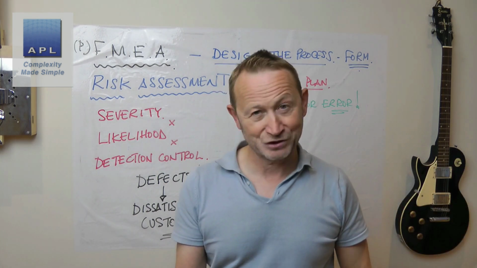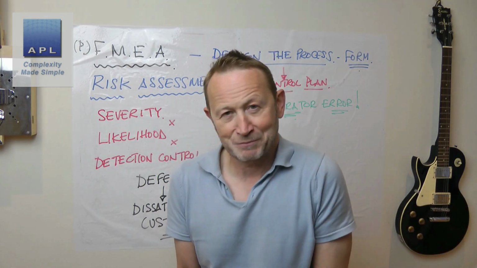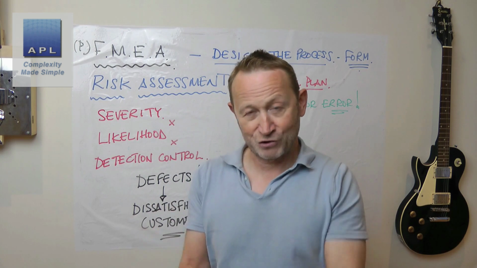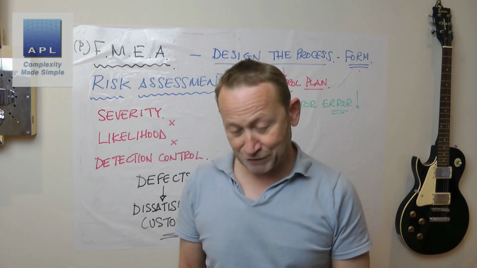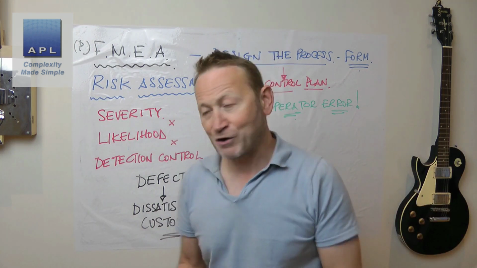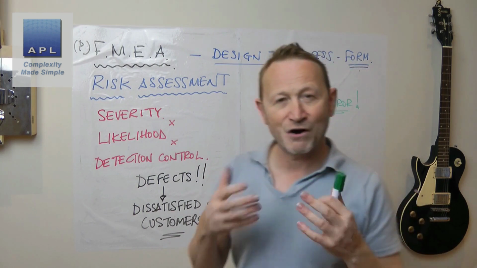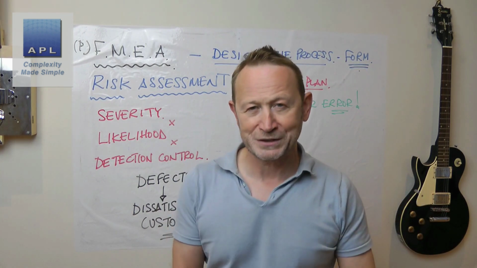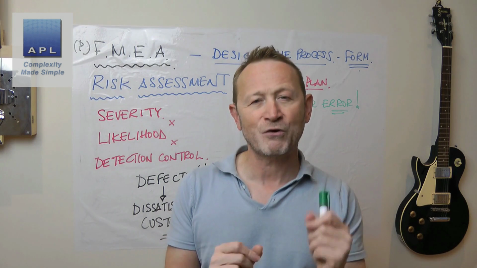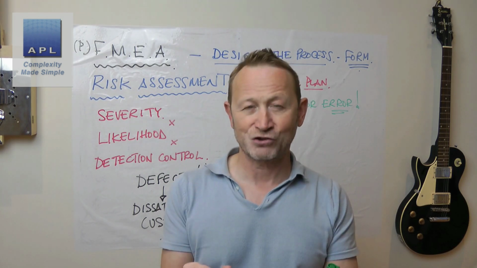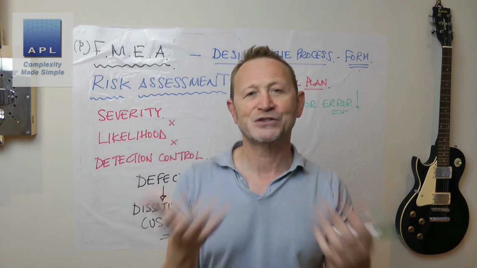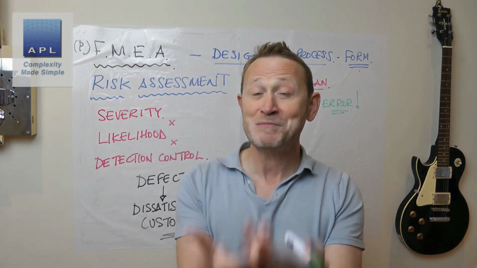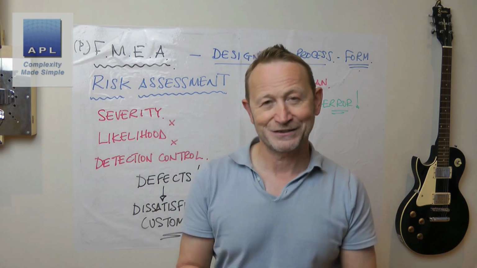A temporary person stands in. They might make the mistake now. Or the trained person gets promoted and you forget to train the new person. So operator error and operator training, Rolls-Royce in particular, will not accept operator training as a control, quite rightly, because it then requires the operator to remember that standard and that training.